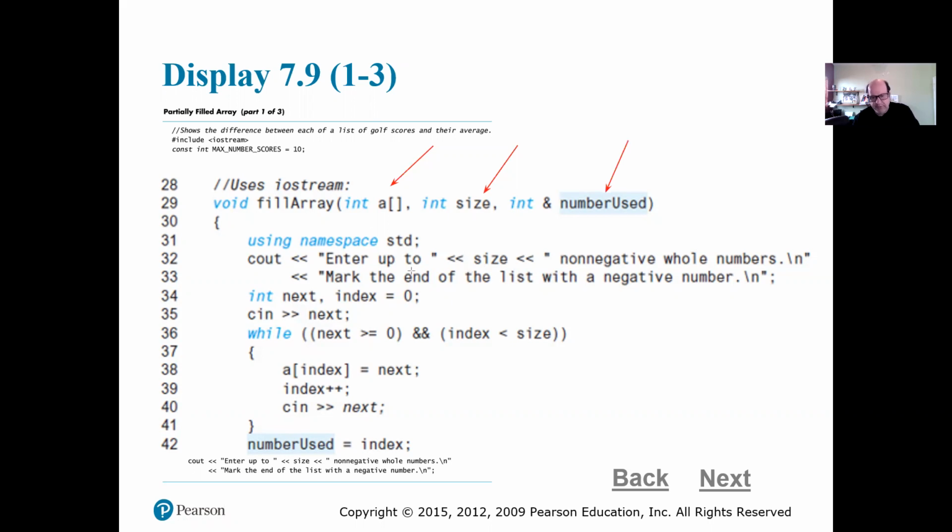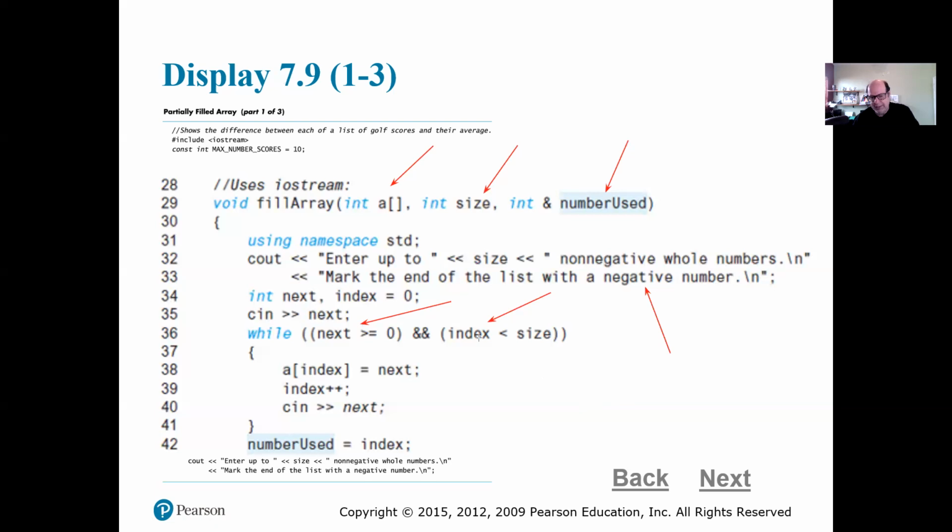In this fill array, it's going to stop at the negative number. So it's going to ask you to enter up to 10 numbers terminated by a negative number. That means we're going to be checking 2 conditions. One is that the number I'm getting from the user is positive, and the other is that it's not going to go outside of my array. So I'm checking two things over here.